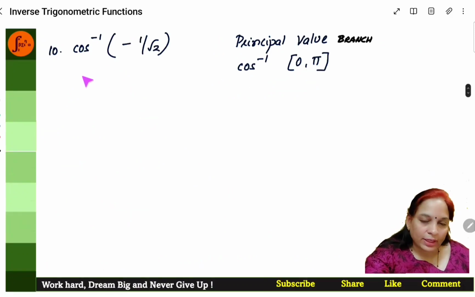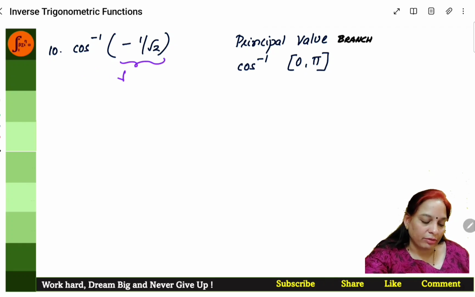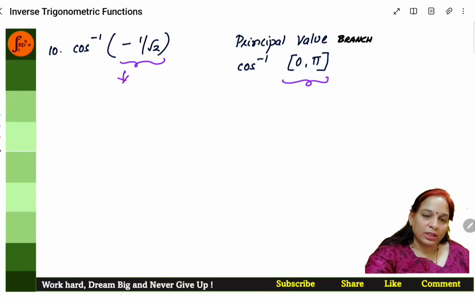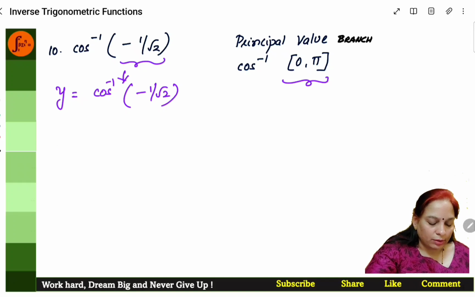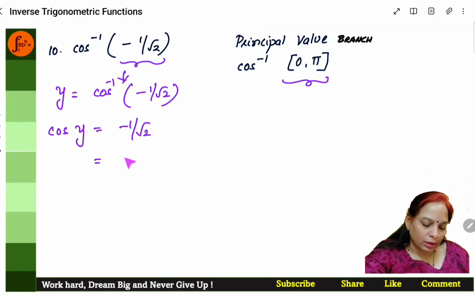Now let's take the 10th problem. Cos inverse of minus 1 by root 2. Now there is a negative value, notice this, and the principal value branch for cos is 0 to pi. So y is equal to cos inverse of minus 1 by root 2, which means cos y is equal to minus 1 by root 2. 1 by root 2 is nothing but cos 45, right?